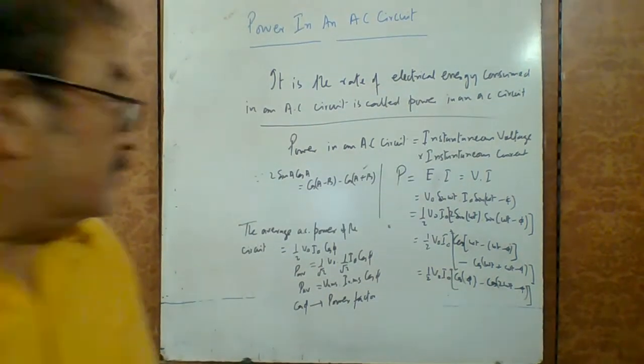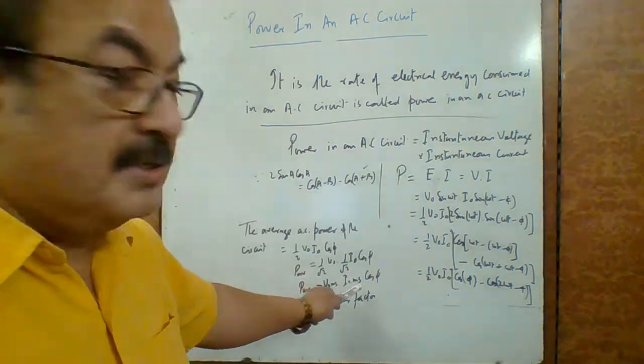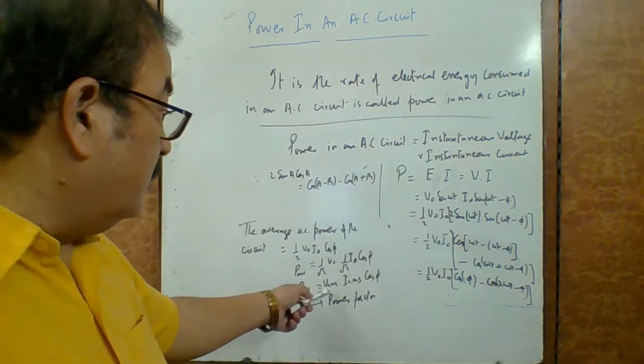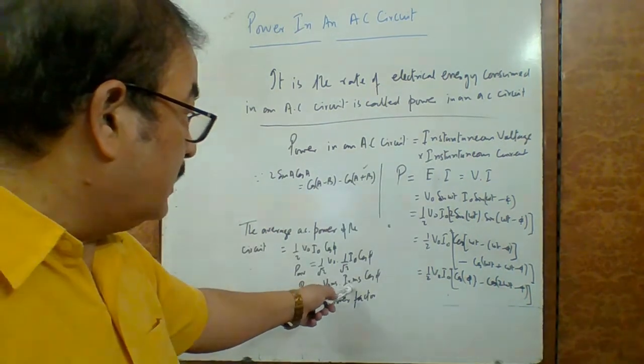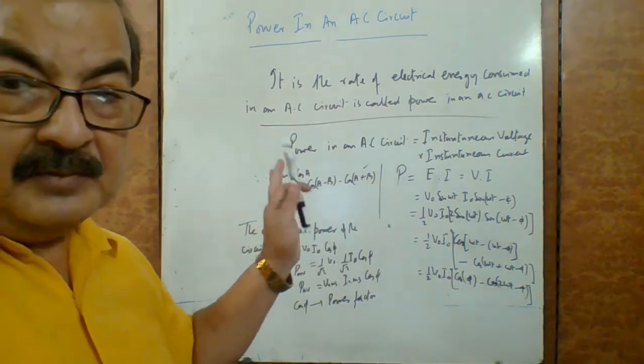The average power is nothing but equal to VRMS IRMS into cos phi. And remember, this VRMS is also known as virtual voltage, virtual current into cos phi, where cos phi is called power factor. Okay, is it clear?